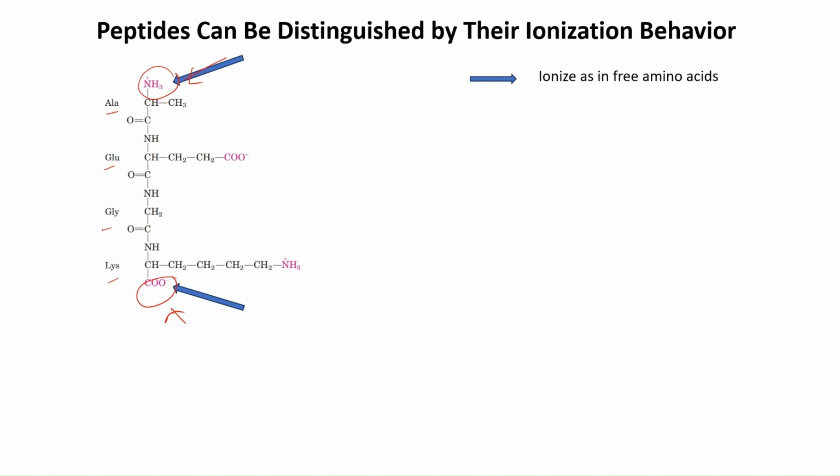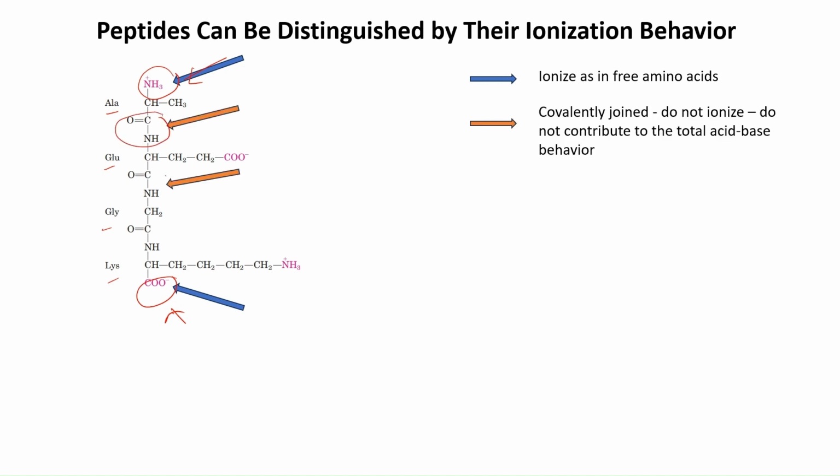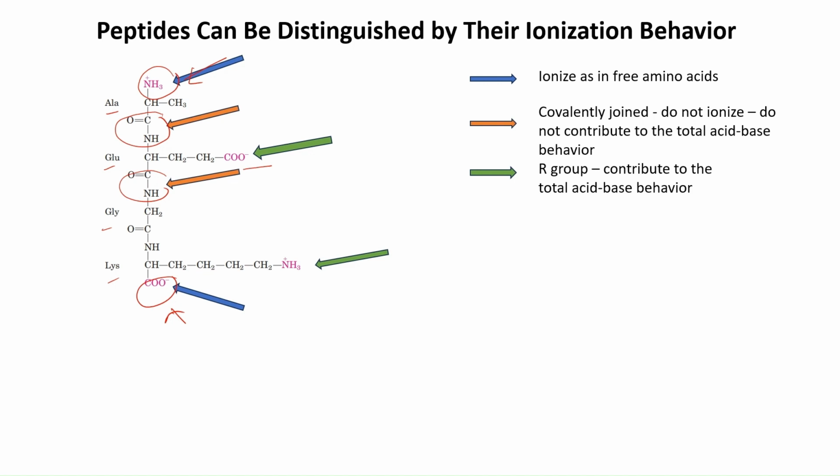Apart from those groups, these other groups are now not available for ionization because they already got involved in peptide bond formation. They are not free now, so they cannot ionize. What about the COO minus and NH3 plus present in the side chains of glutamate and lysine? They can ionize. This is the R group.